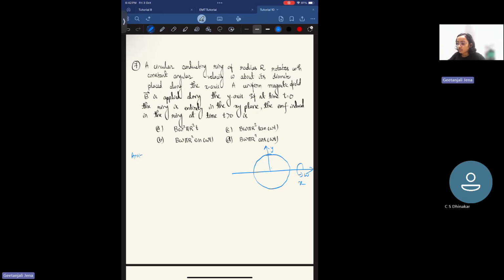And there is a uniform magnetic field B along the y-axis. It is uniform, we can take B0 ŷ. And at time t equal to 0, the ring is entirely in the xy plane. So what will happen when you rotate it, and what will be the EMF induced for time t greater than 0?